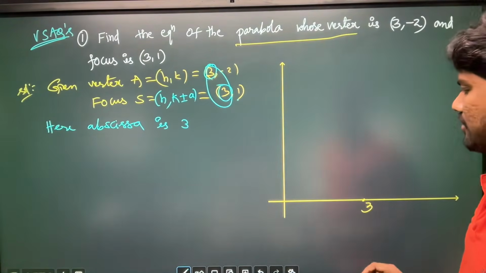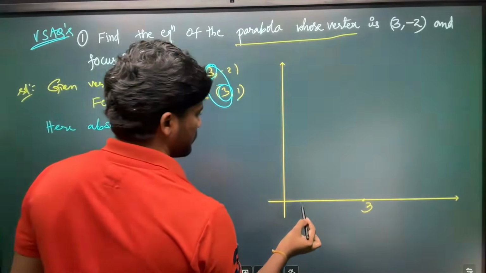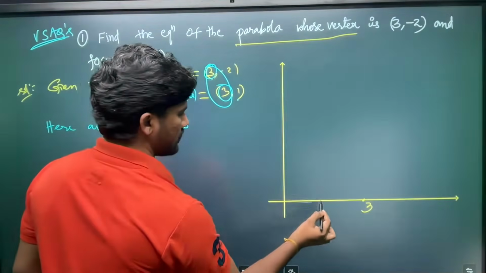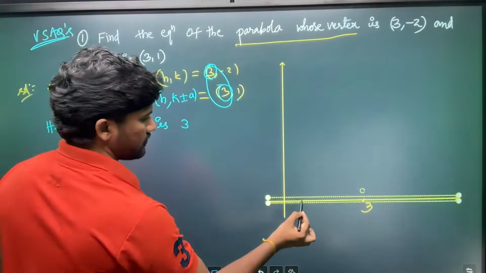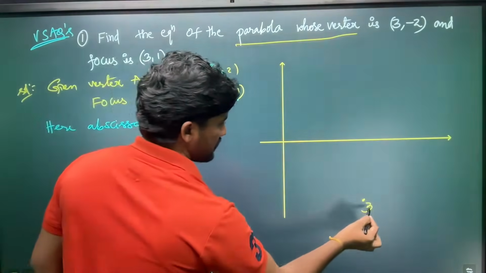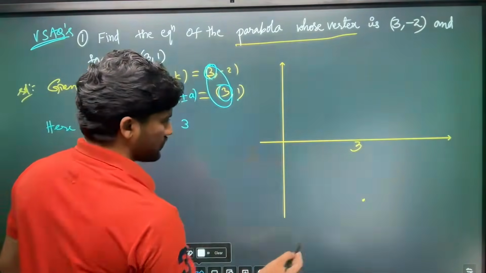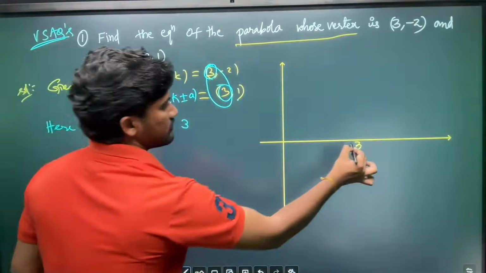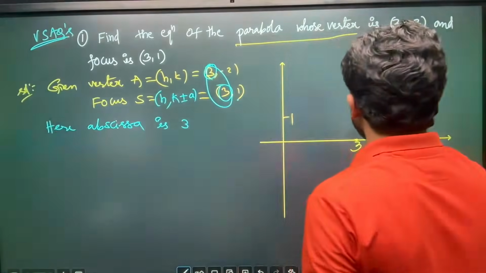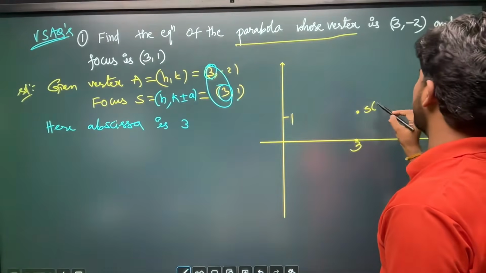Take this point as 3 here. For (3, 1), take 1 on the y axis; (3, 1) is exactly here. What is (3, 1)? It is the focus S.